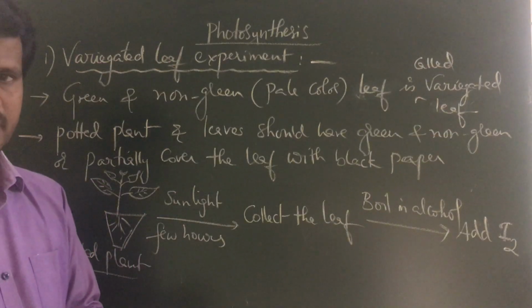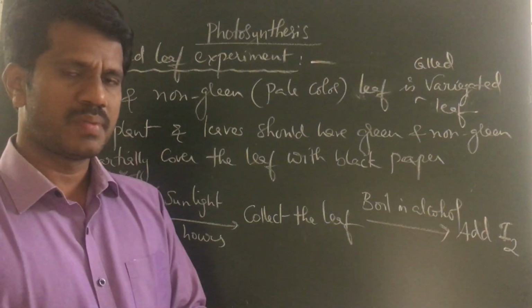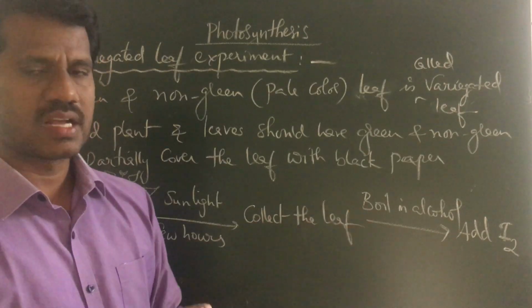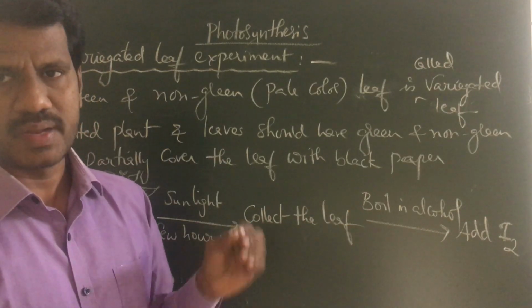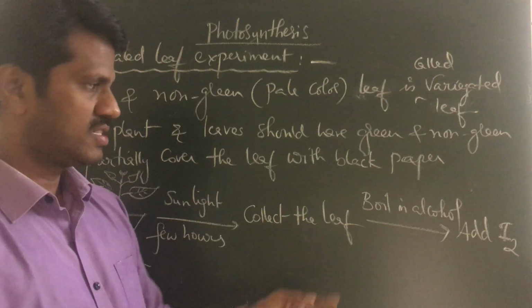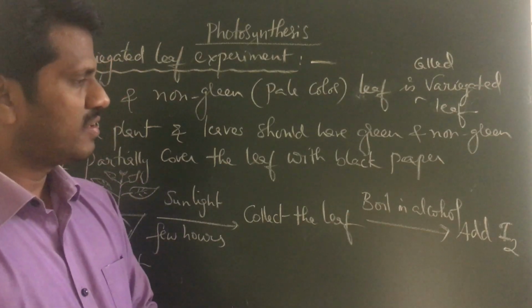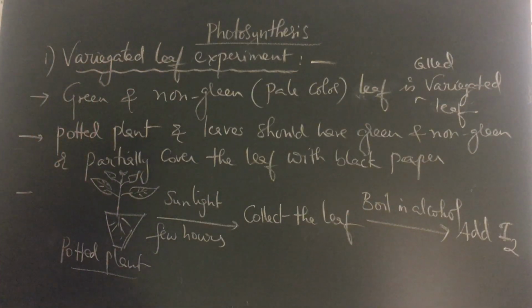Even though photosynthesis takes place in the green part also, if you don't boil with alcohol, iodine cannot penetrate inside the leaf. So that is the reason you boil it with alcohol and add iodine. Okay.